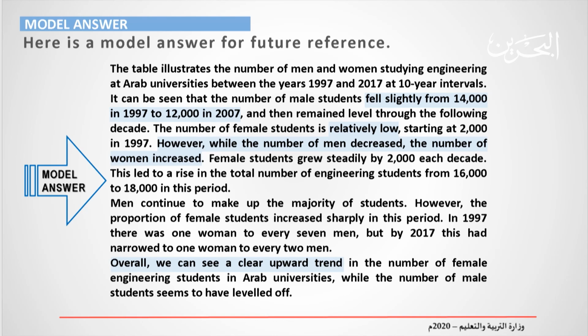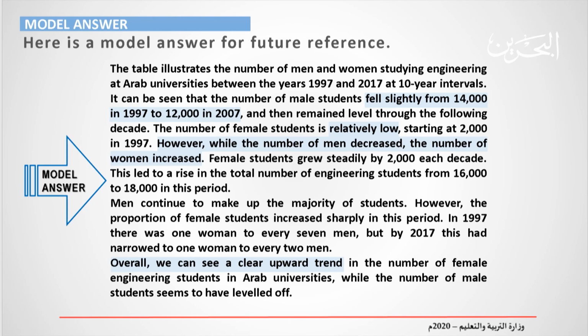So why do we have these highlighted sentences? Because here we added the numbers and we expressed the numbers, like we use fell slightly, decreased, relatively low, increased, which explains the table.